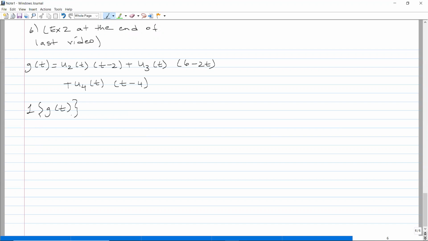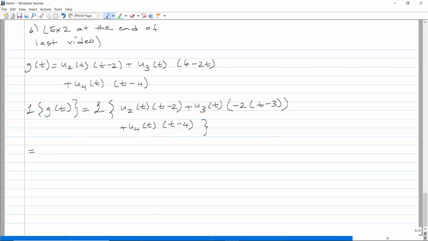Okay, so this example is easier, I guess, because for u2, we already have t minus 2. For u3, we need t minus 3, but if we factor out minus 2, we have t minus 3. And then for u4, we have t minus 4.